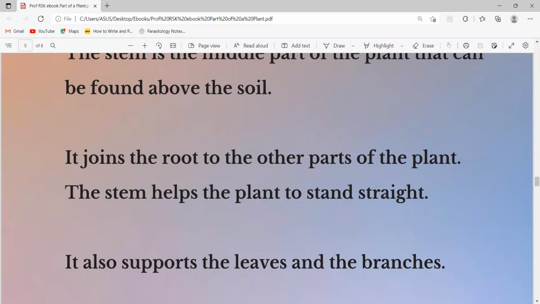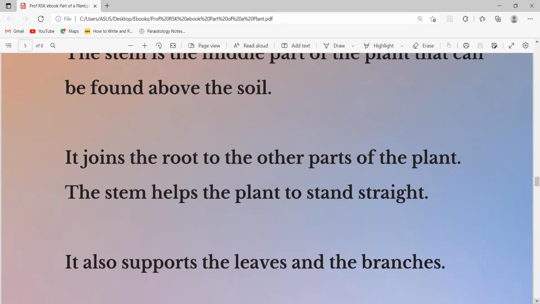The difference is that creepers have fruits that are a bit larger than the plant itself, and so the fruit will even bring them down. But the similarity between the creepers and the climbers is that their stems are not strong enough to let them stand erect, to let them stand straight. Their stem is very weak, and so they are unable to stand on their own.